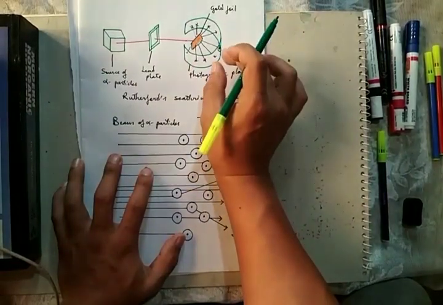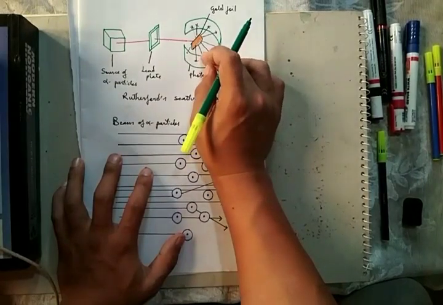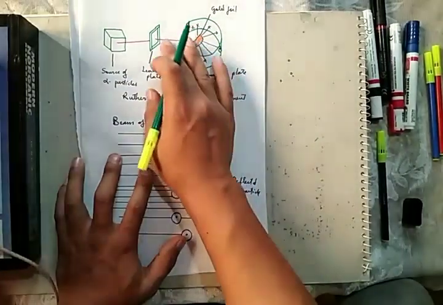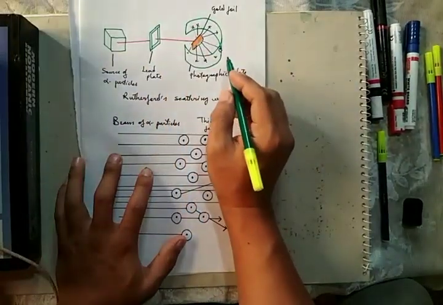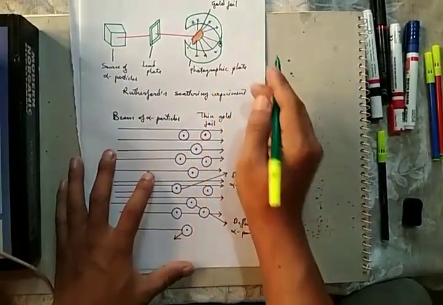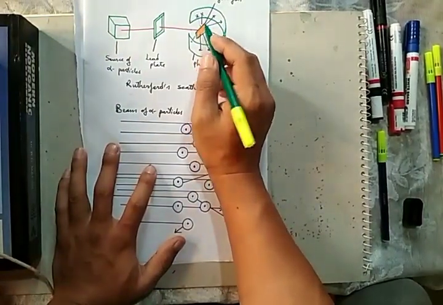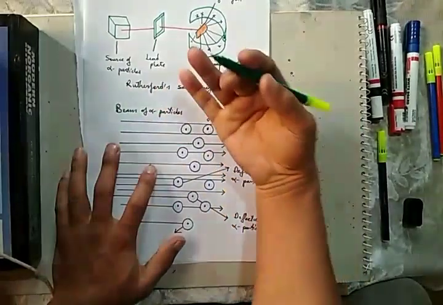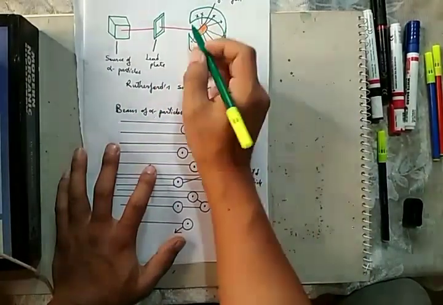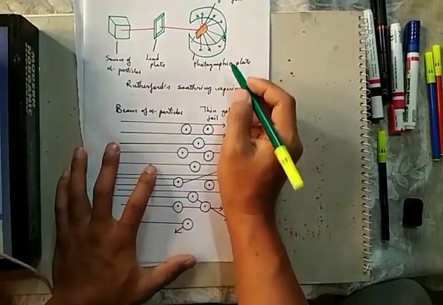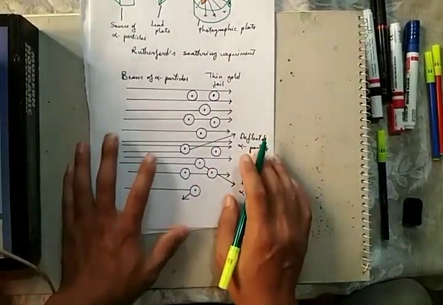However, a small fraction of the alpha particles deflected by a small angle. A very few alpha particles bounce back. Only very few alpha particles bounce back 180 degrees.